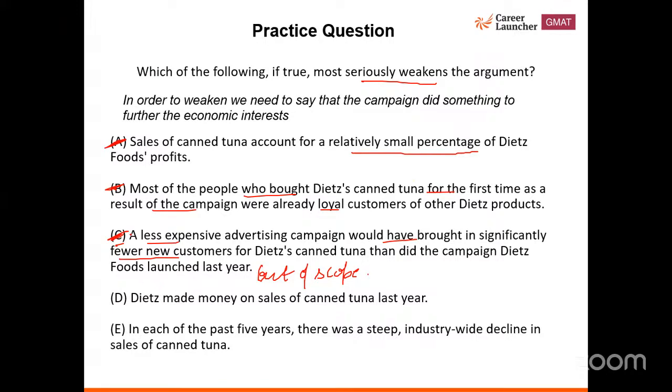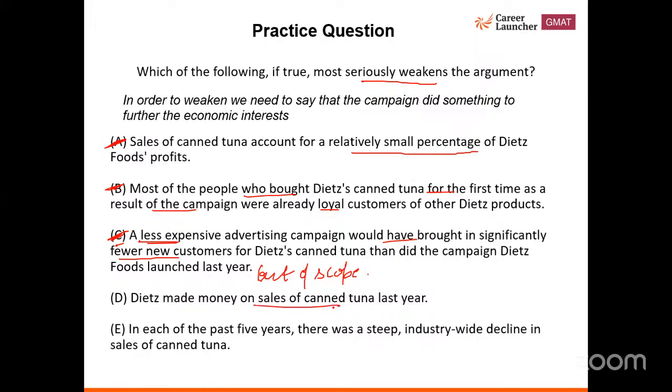Just because another less expensive campaign would be even worse, that doesn't mean that this campaign is going to be better than that. And therefore, clearly, the better choice is not C part.